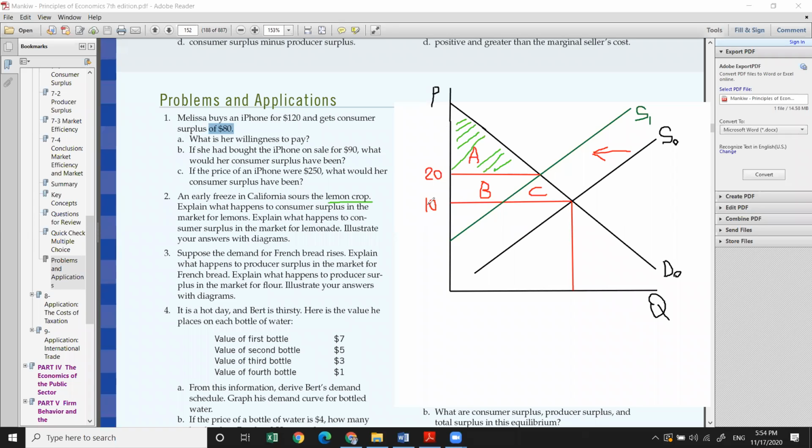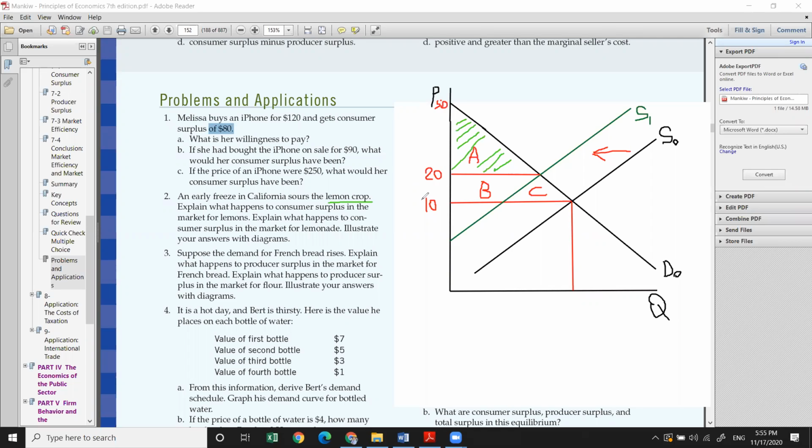So you were paying $10, and the maximum price you are willing to pay, let's say $50 here. This much is what you pay actually. Who could tell me what is your consumer surplus if this is the case?